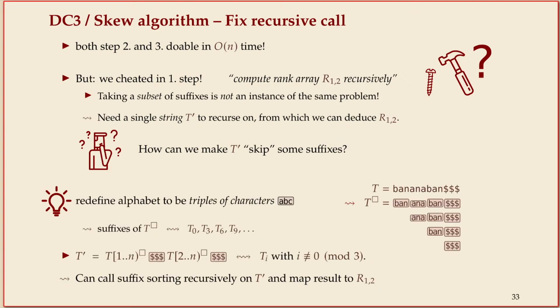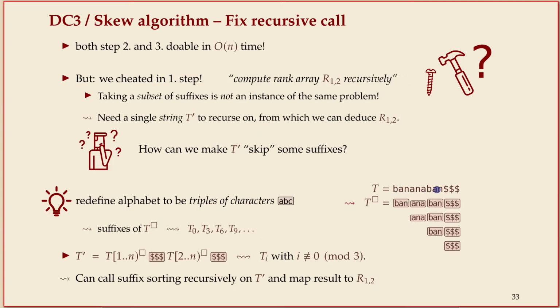Instead of taking the original alphabet, we form triplets of characters. We've seen that kind of notation before in the compression unit. So all that means is I'm blowing up my alphabet. Instead of having all the letters that I had before, I now have all triples of possible characters in principle. And I'm transforming my string by grouping characters in these triples.